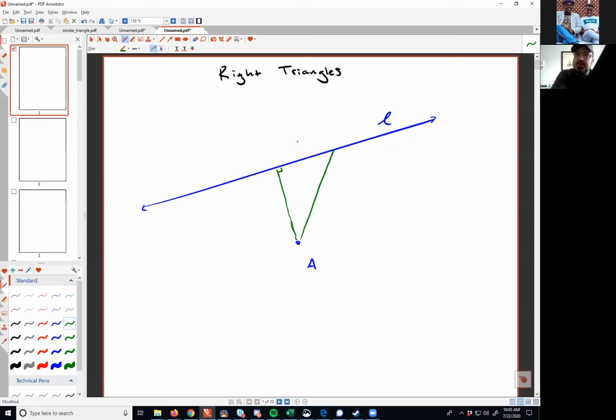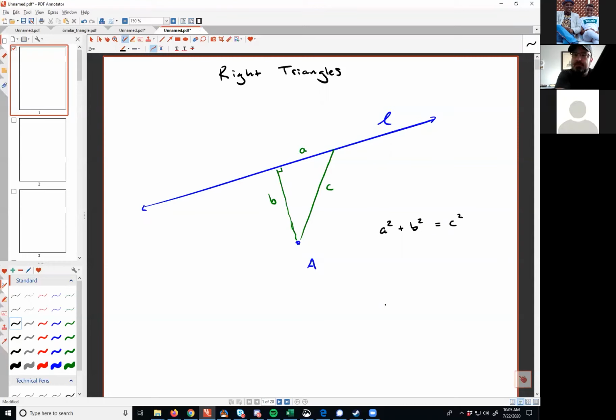Let's take a look at this right triangle here that I've drawn. Let's label the legs. And what we know is that a squared plus b squared equals c squared. What do we know about a squared? That's the base.